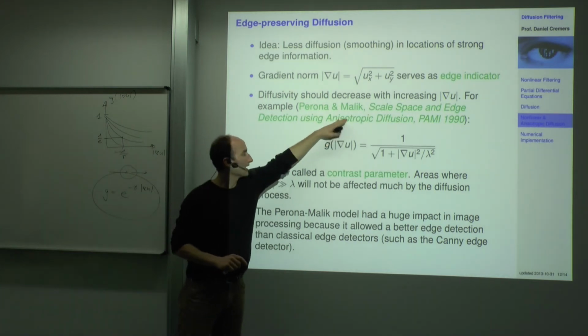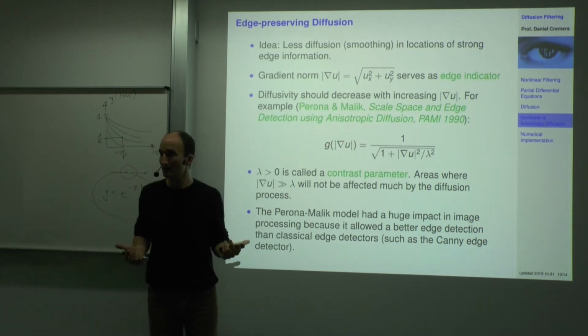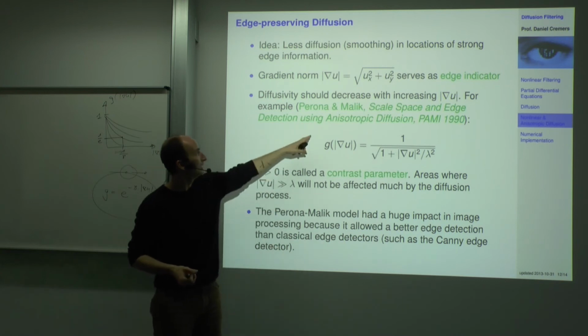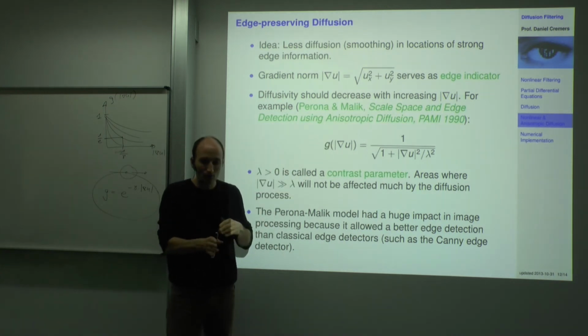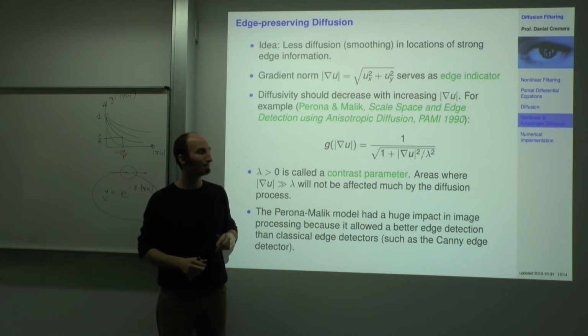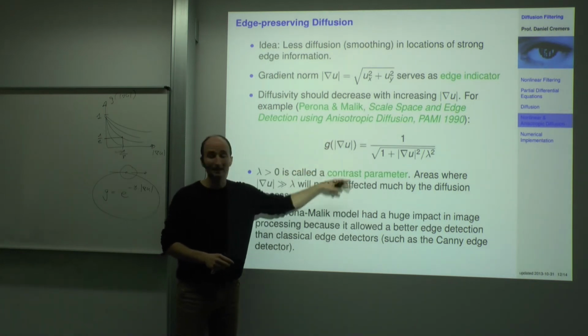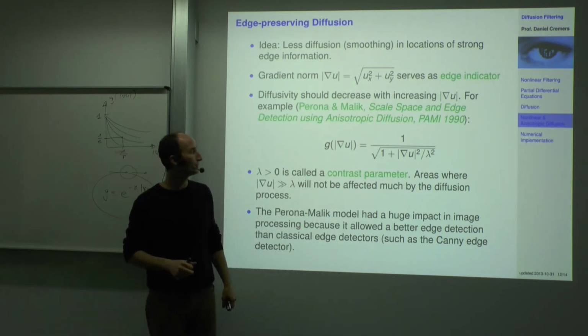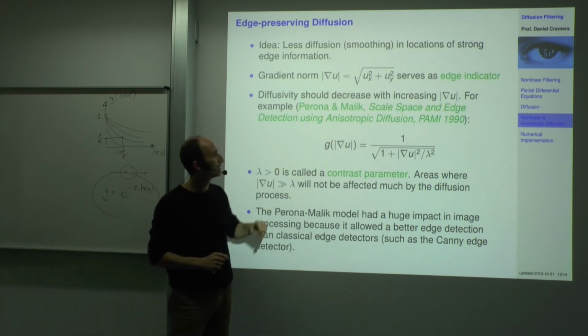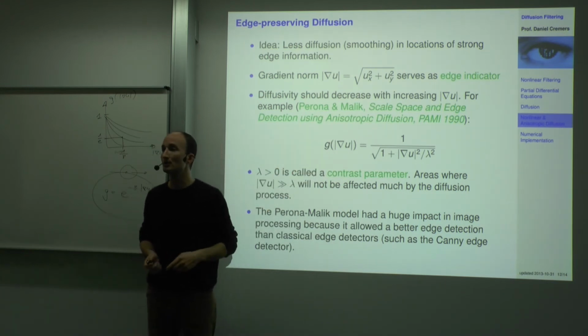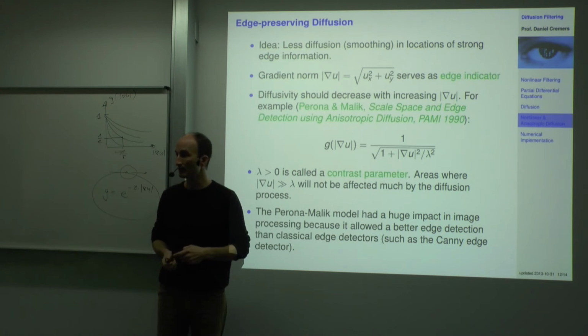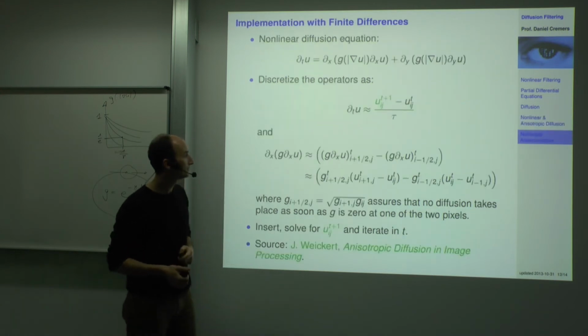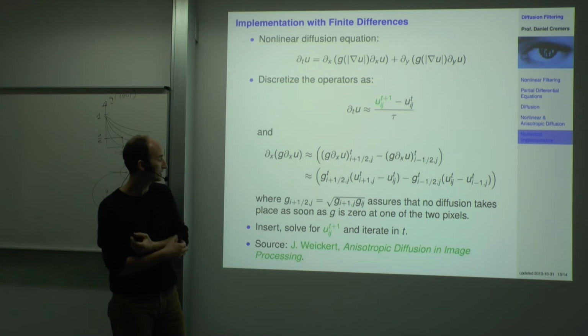And at least in our terminology, the one that is agreed upon, isotropy means the diffusion is the same in all spatial directions. And this is indeed the case here. So this is a diffusion process that is nonlinear, but is isotropic because g is a scalar, it's not a matrix. There are, in fact, anisotropic diffusion processes.